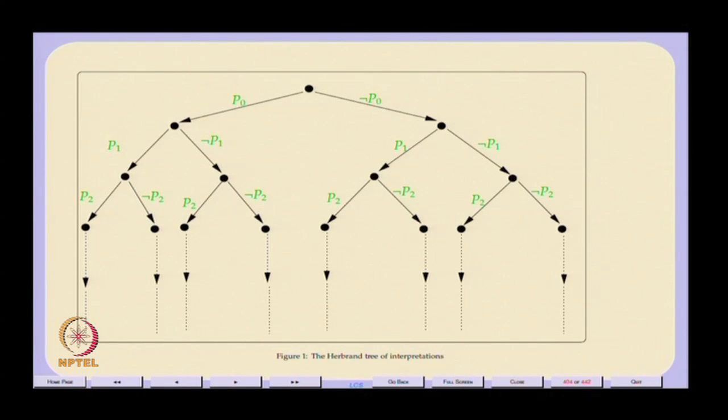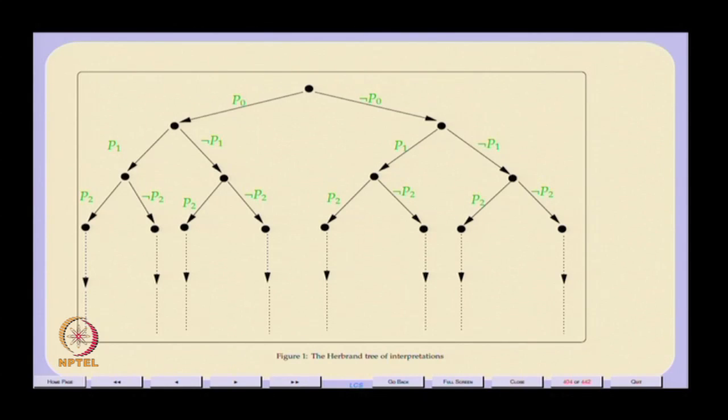Enumerate all those ground atomic predicates, and essentially these P naught, not P naught, not P 1 and so on signify ground atomic predicate formulae, ground atoms, and there are all possible truth assignments for these.